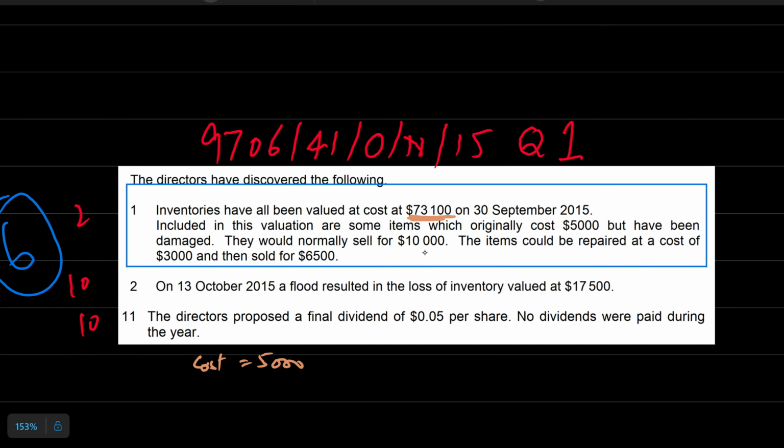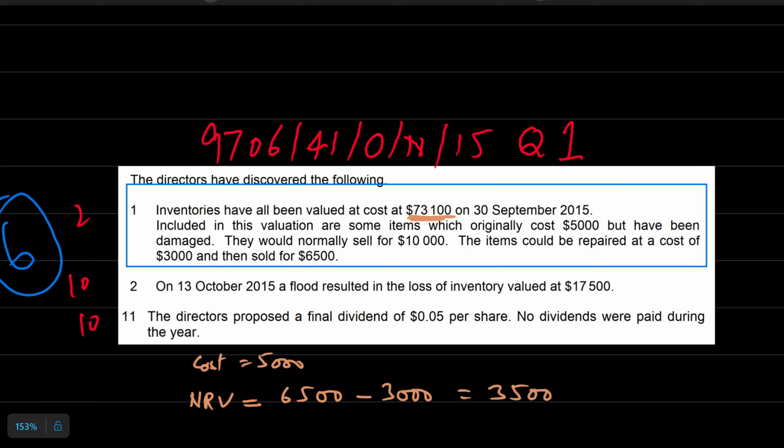This would normally sell for 10,000. The items could be repaired at a cost of 3,000, then sold for 6,500. So if we calculate its net realizable value, these items now can be sold for 6,500 after repairing of 3,000. So the net realizable value will be 3,500.